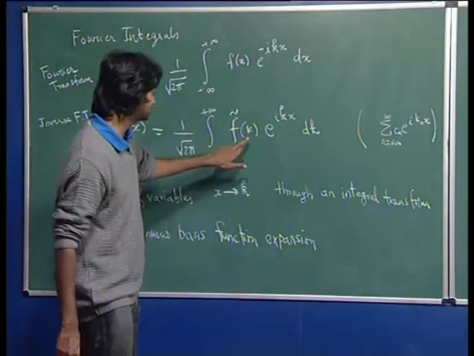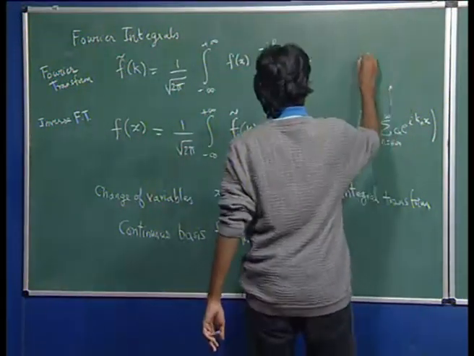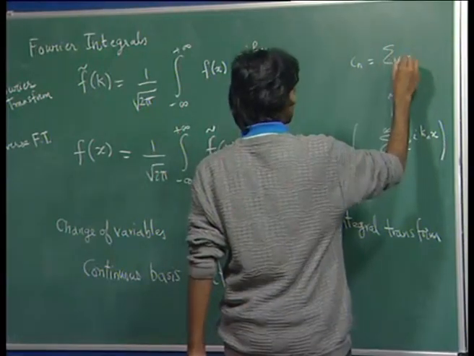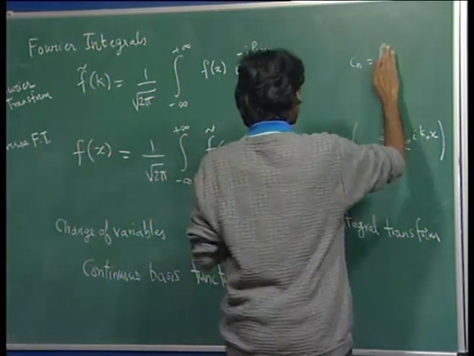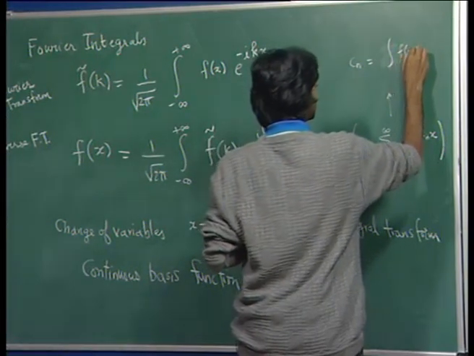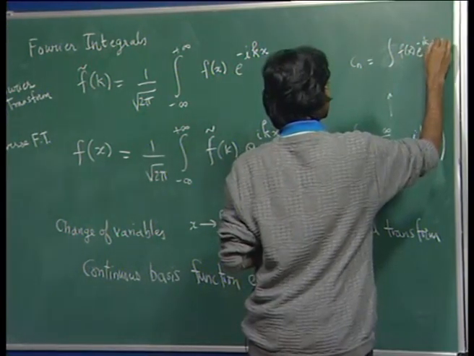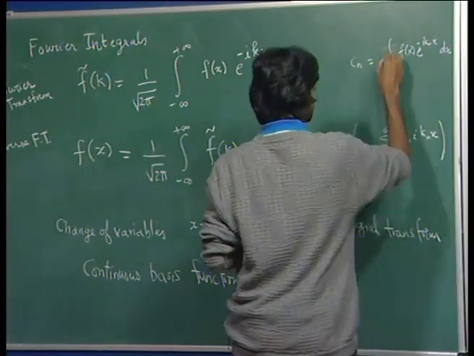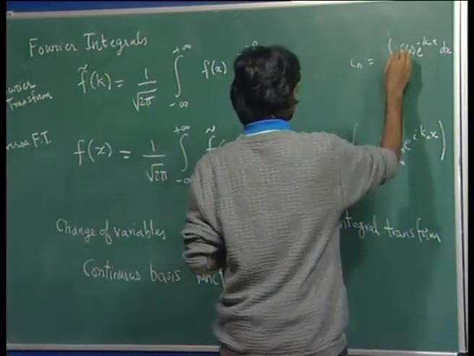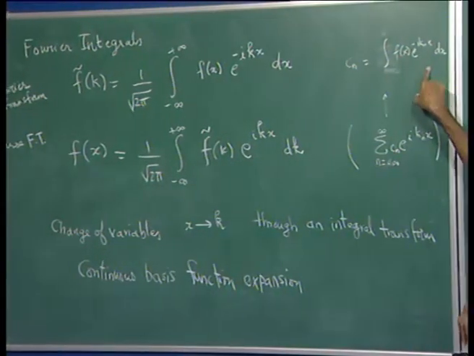And notice that in this case your c_n will be the integral of f of x e^(-i k_n x) dx, with some factors. Let's not worry about the factors, but you had something like this.